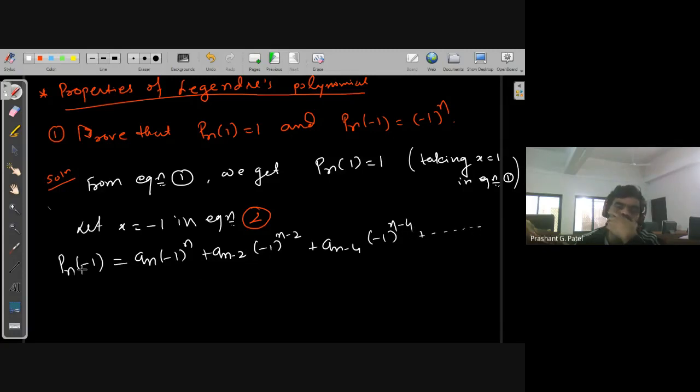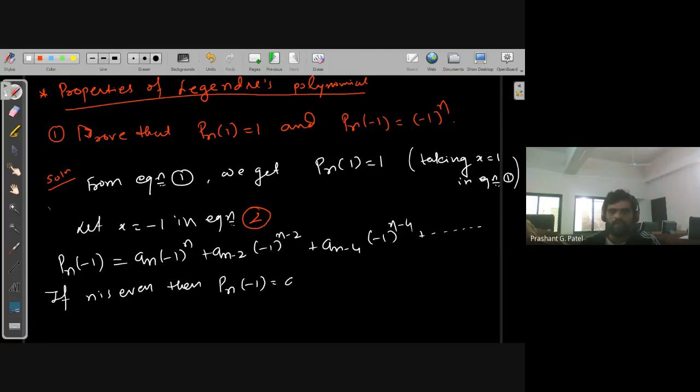Now there will be two cases: either this n is an even number or it is an odd number. Suppose n is even, then what is Pn of minus 1? It is minus 1 raised to n, which is an even power, so this value is 1, and this value is also 1 because it is an even power of minus 1.